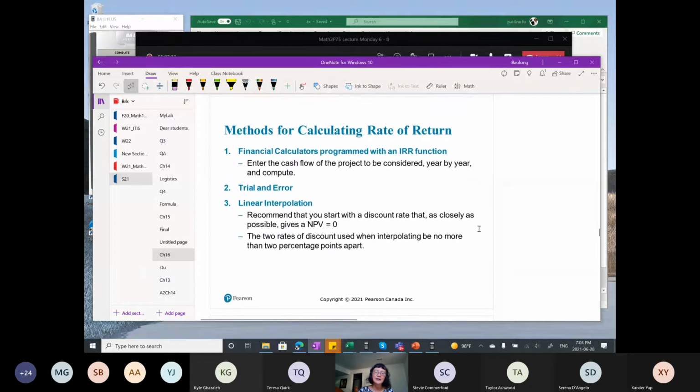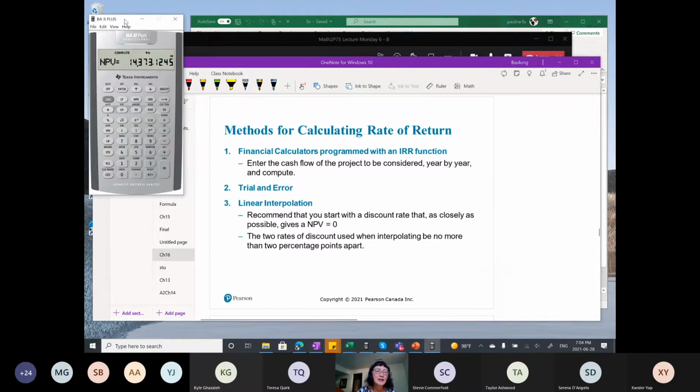So how do we calculate rate of return? Usually there are 3 methods. One is to use a financial calculator. We have this IRR function button here. The other method is trial and error.